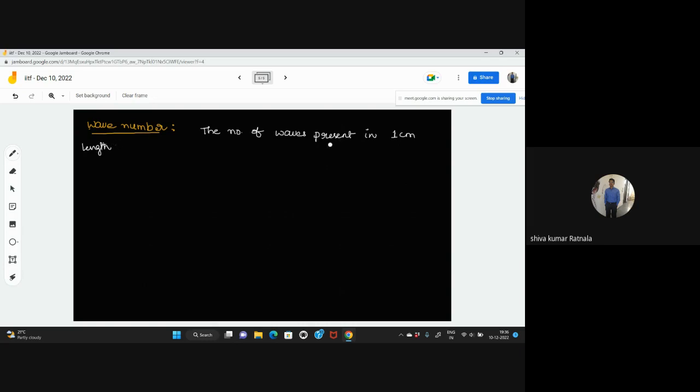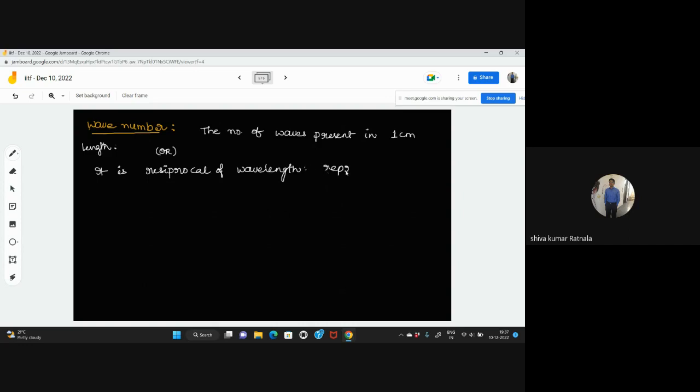If I'm taking the number of waves present in 1 centimeter length only, we say that is wave number. Or simply we can say it is the reciprocal of wavelength.